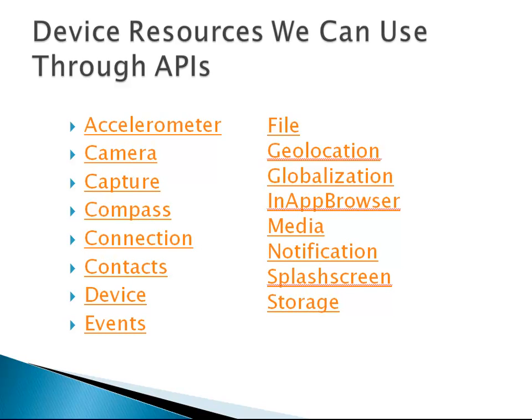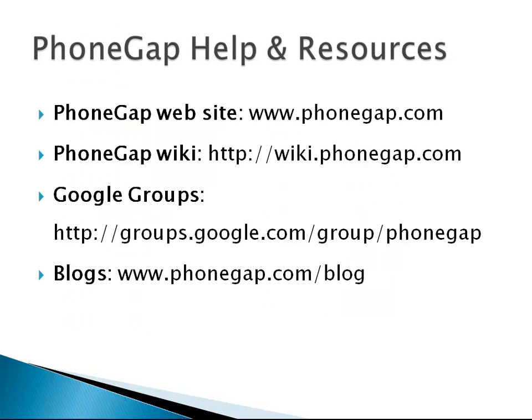We can also have splash screens and icons, and the storage system, which is the local storage, HTML5, or we can actually use a client-side database. So for PhoneGap help and resources: obviously the website, the wiki, Google Groups, and the PhoneGap blog are all great resources. There's pretty good documentation, and each page, like for the camera API, will tell you how it works, and it'll give you a working example as well, so it's really helpful.